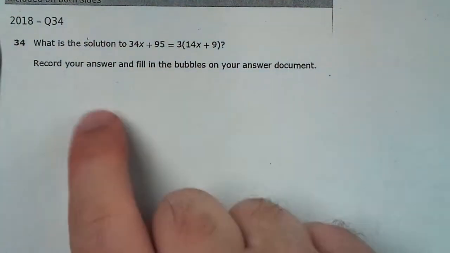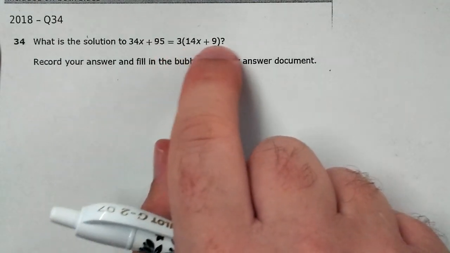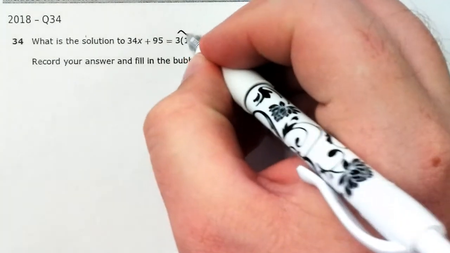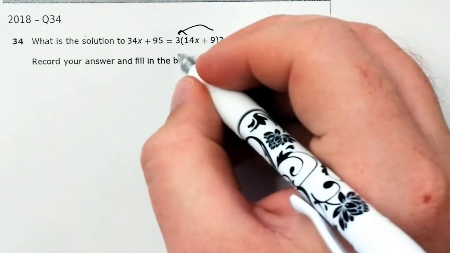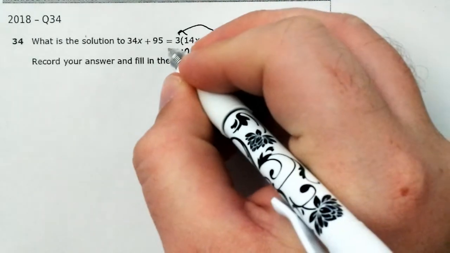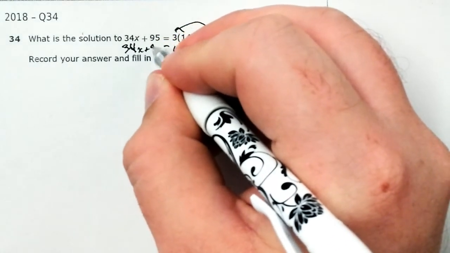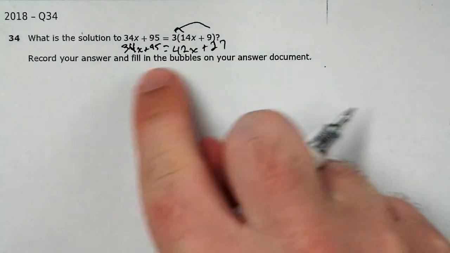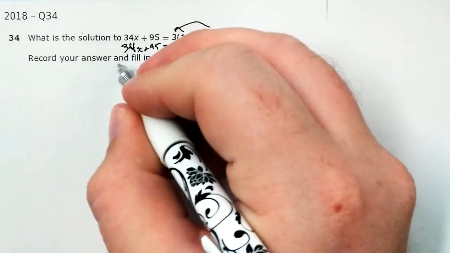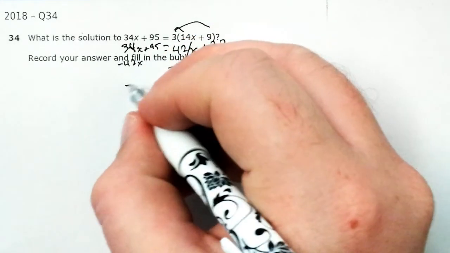Last one says, what is the solution to this? 34x plus 95 equals 3 times 14x plus 9. Distribute if you have it. So 3 times 14 is 42. 3 times 9 is 27. Now make a decision. I usually prefer my x's on the left, so I'm going to subtract. 34 minus 42 is negative 8.